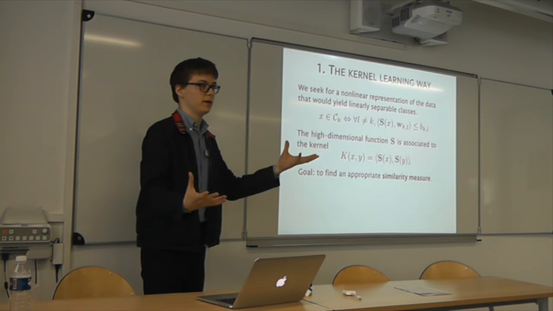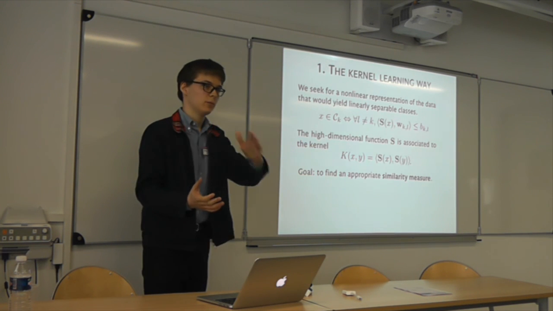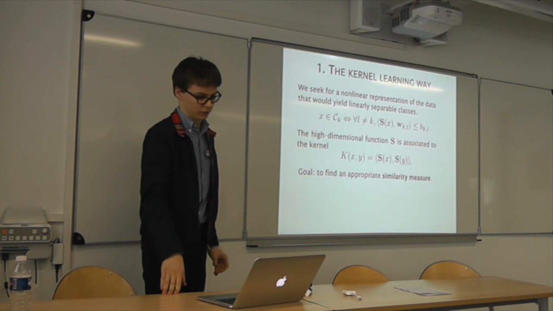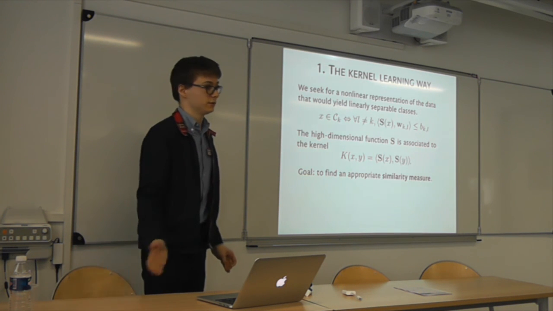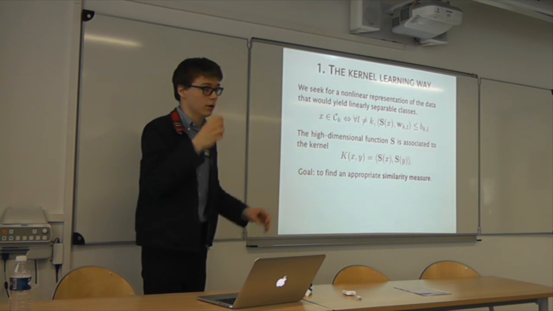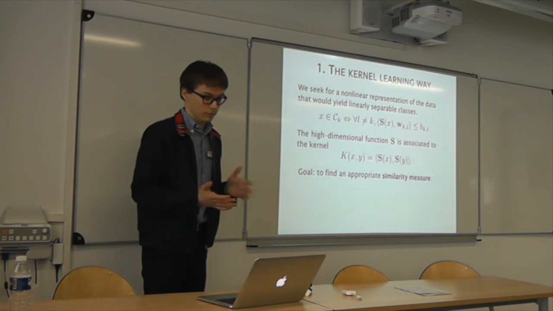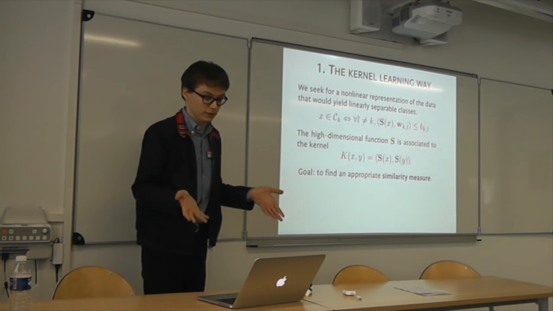If they live in a space where we can build a hyperplane to separate the two classes, your problem is almost solved. Of course, that's not the case. There's no reason why the audio samples should be linearly separable in the raw data domain.